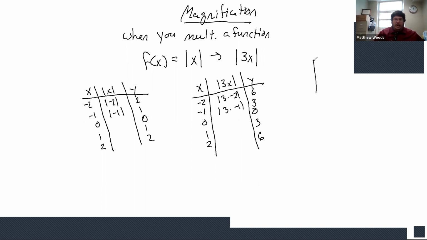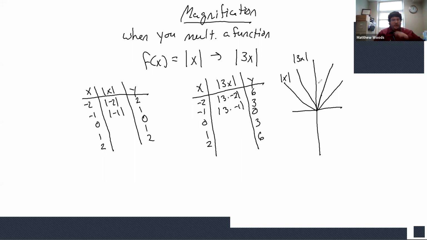So when you look at the graph, here's your base function. Now if 1 is here, 1's actually here. Your magnified function. This is absolute value of 3x. This is absolute value of x. You can see that it narrows.